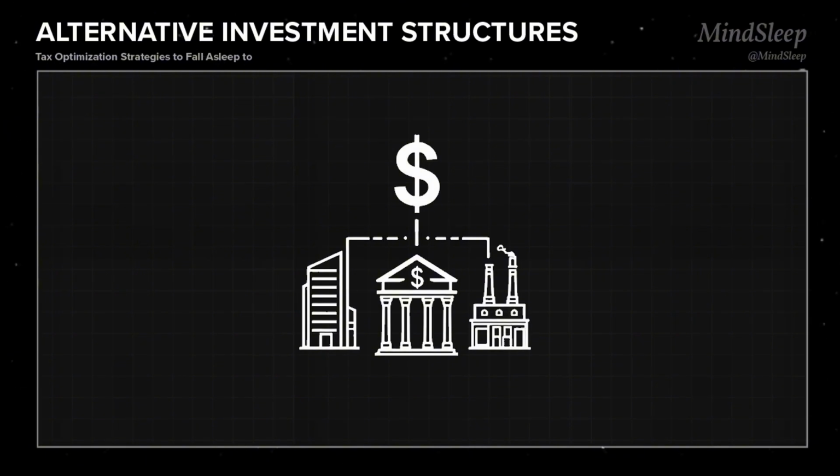However, the tax treatment of REIT dividends can be complex. While a portion of REIT dividends may be taxed as ordinary income, other portions might qualify for the 20% qualified business income deduction introduced by the Tax Cuts and Jobs Act of 2017. Additionally, some REIT dividends may be classified as return of capital, which isn't immediately taxable, but instead reduces the investor's cost basis in the REIT shares.